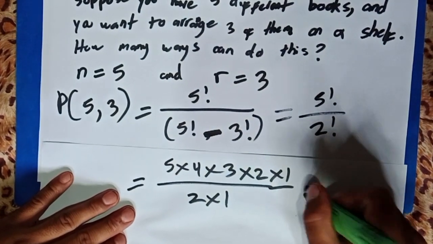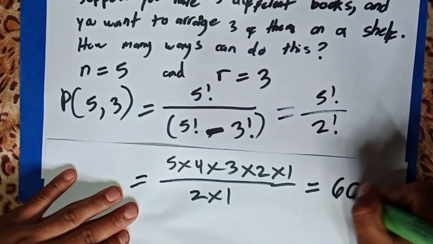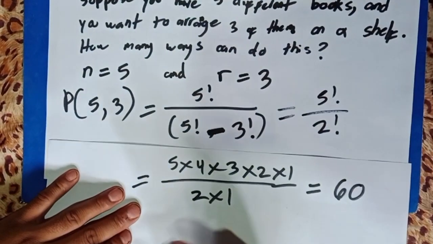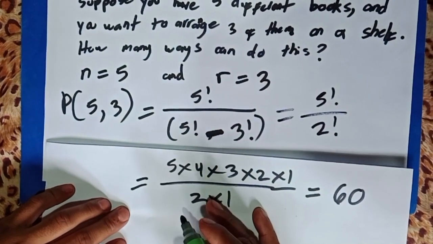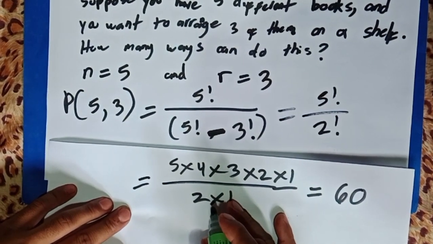So simplify, in total this is 60. Therefore, there are 60 different ways to arrange 3 books out of 5.